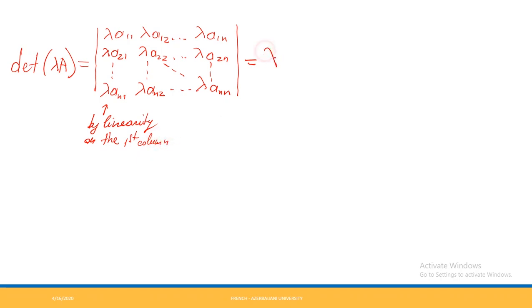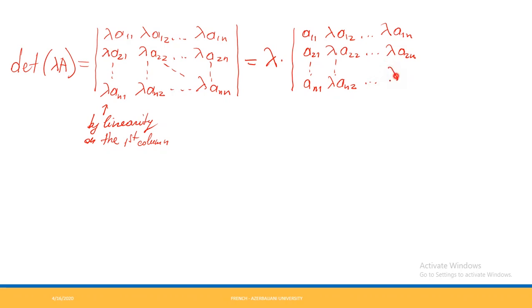Then it will be lambda times the determinant of a11, lambda a12, lambda a1n, a21, lambda a22, lambda a2n, an1, lambda an2, lambda ann. Here we can use the linearity over the second column, third column, and so on, last column.